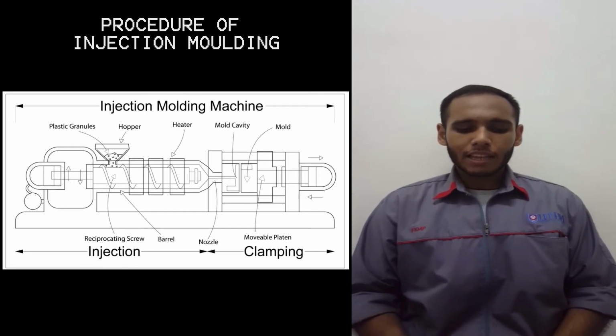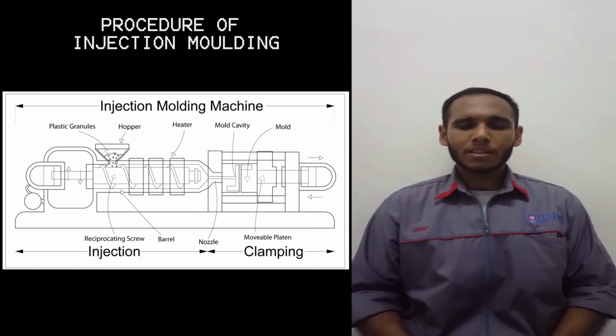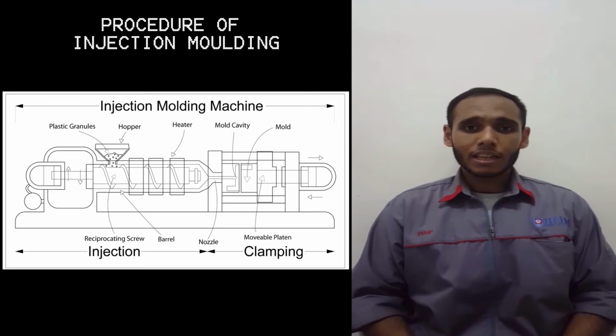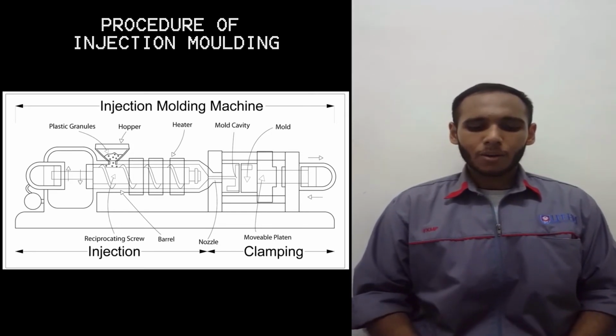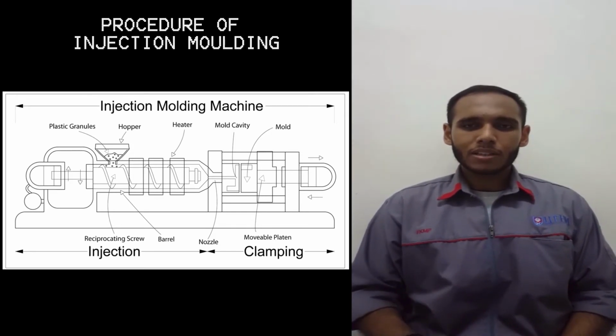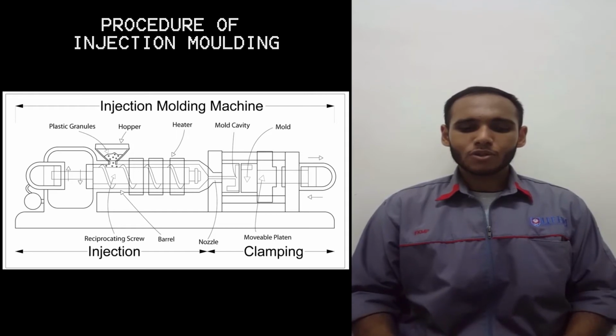And the second part is called the injection, where the raw plastic materials, which are in the form of pellets called resin, are put into the hopper, which then advances towards the mold by the injection unit.